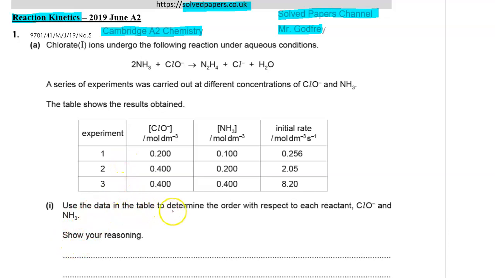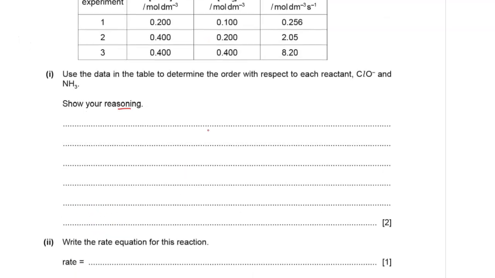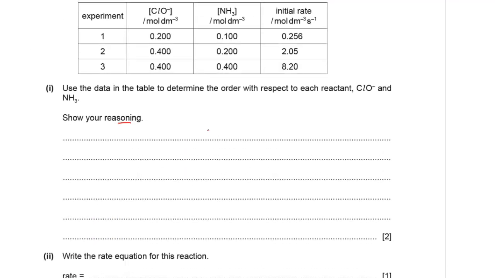Use data in the table to determine the order with respect to each reactant, chlorite and ammonium. Show your reasoning. Of course, you are using the data from this table.